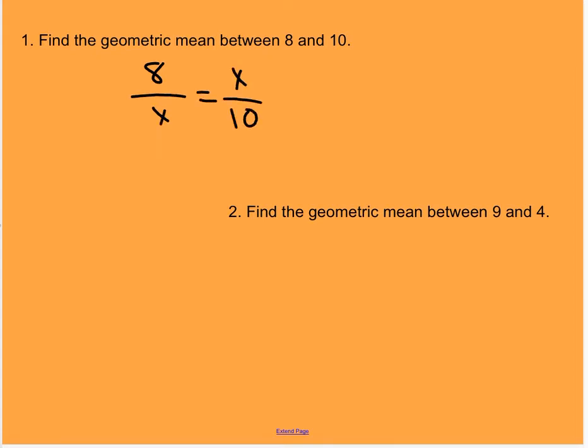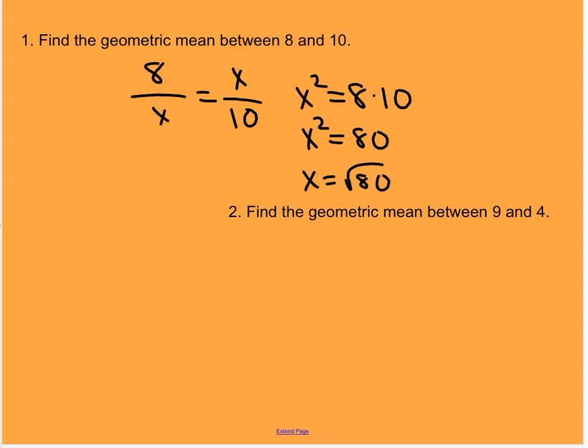and this. So what you're looking at is x squared equals 8 times 10. So x squared equals 80, so x is going to be equal to the square root of 80. So the geometric mean between 8 and 10 would be the square root of 80, which is really, really close to 9, but still going to be a decimal.